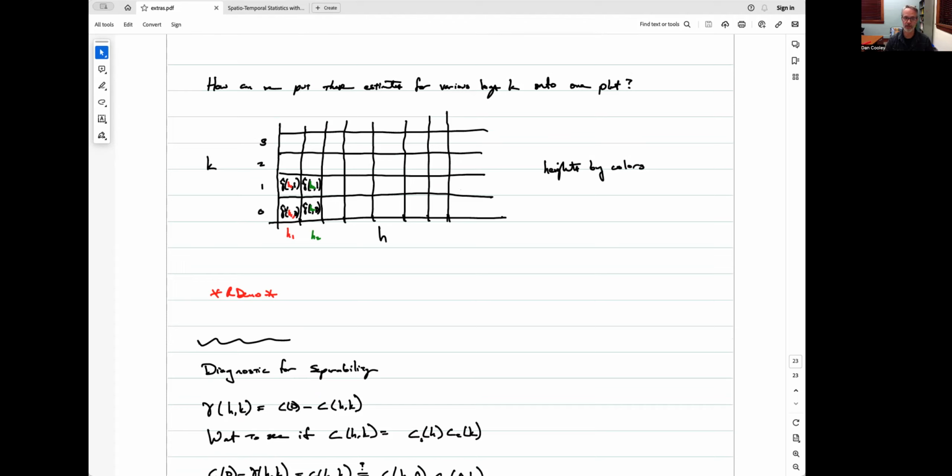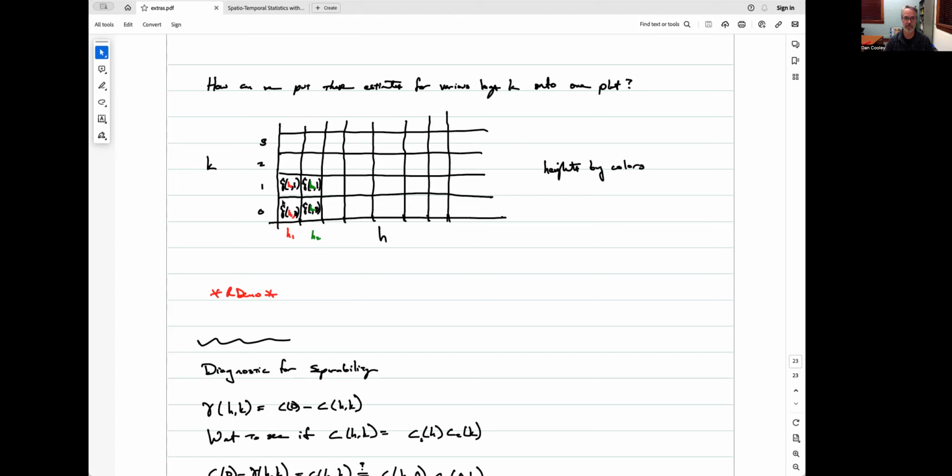Then I could take the spatial-only covariance function, evaluated at temporal lag 0, and the temporal covariance function, evaluated at spatial lag 0, and see if the pattern, the colors of our estimated covariance function, looks like the product of this times that.